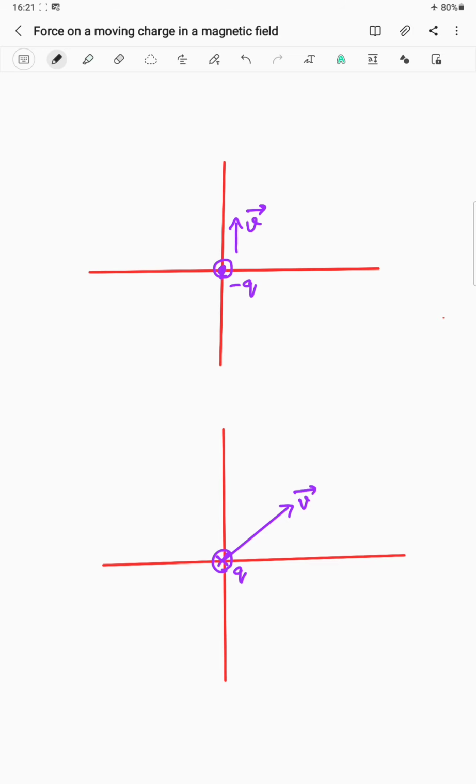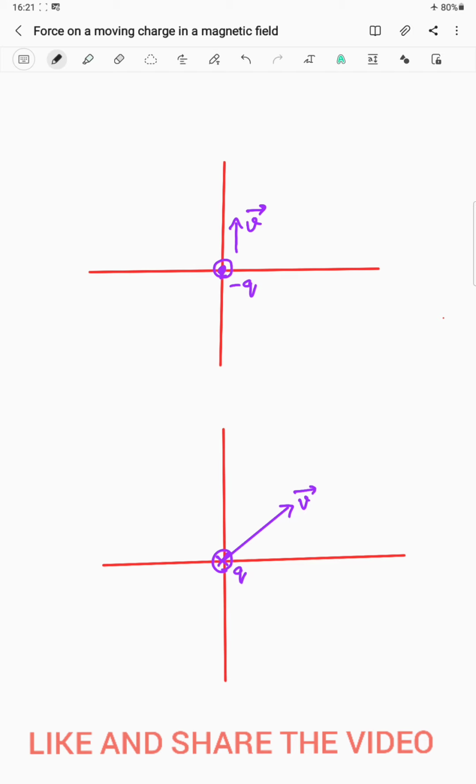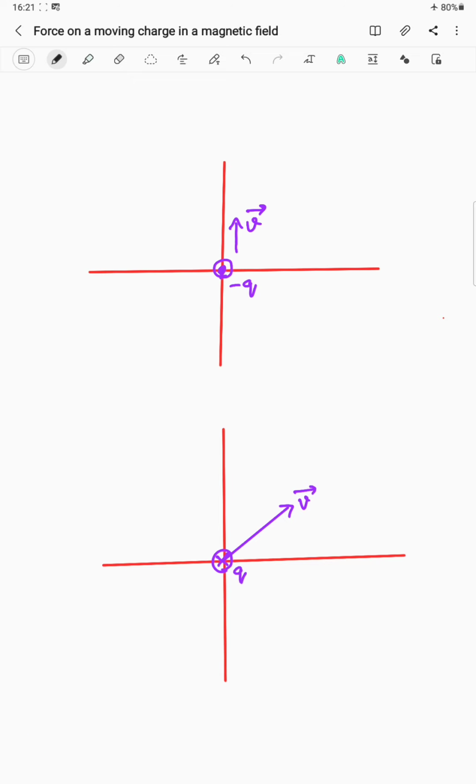So you have to stretch all four fingers of the right hand in the direction of the velocity, and then curl all your fingers in the direction of the magnetic field. And where is the thumb direction? The thumb direction will be in this direction. So this should be the force direction.